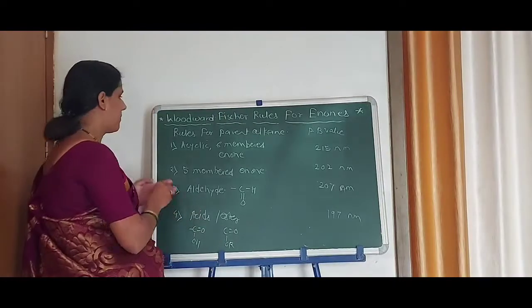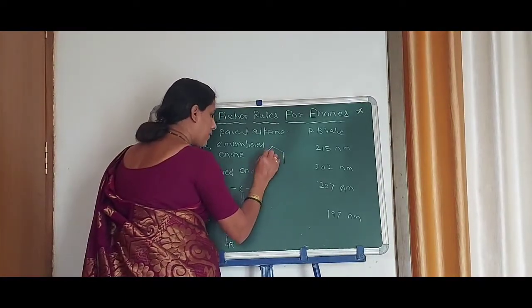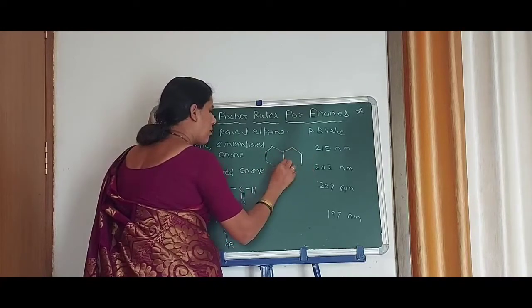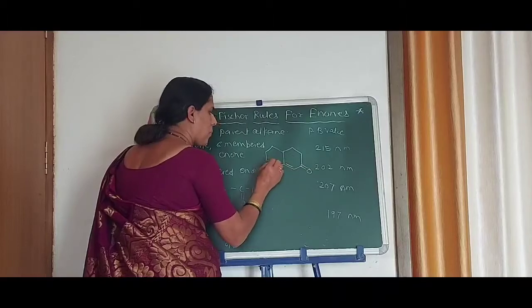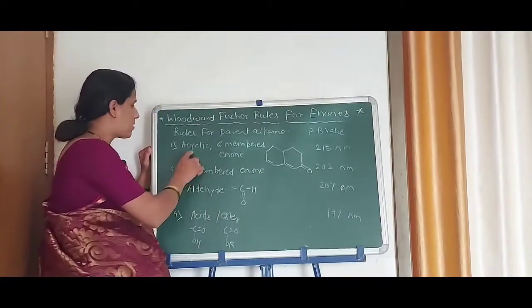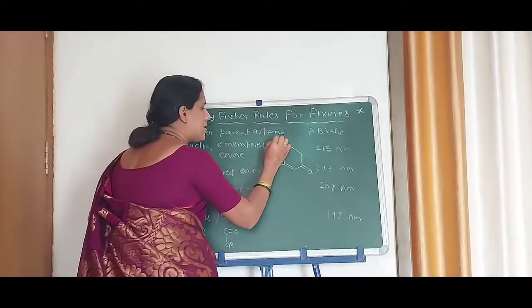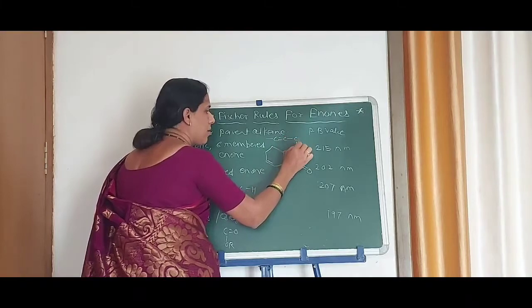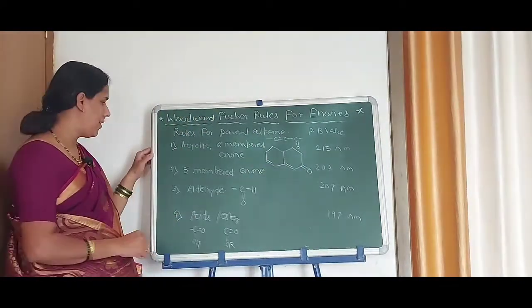For an acyclic or six-membered ring, suppose this is a ring. This linkage is present in our compound. Acyclic means C=C, C=O, this type of linkage.